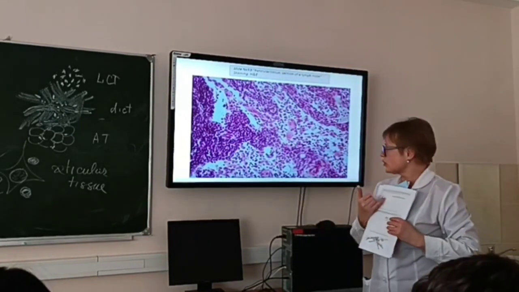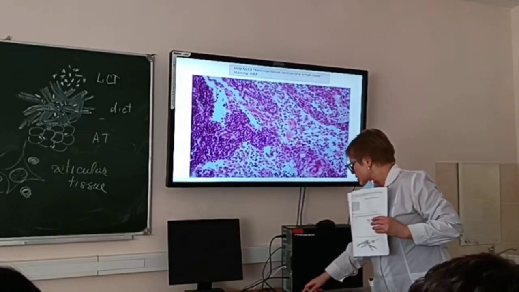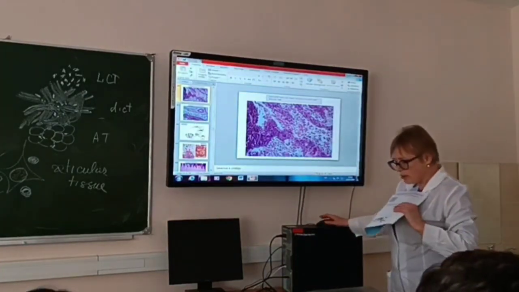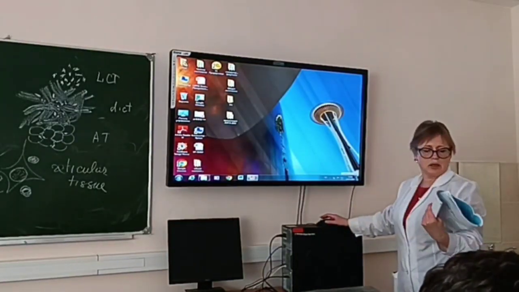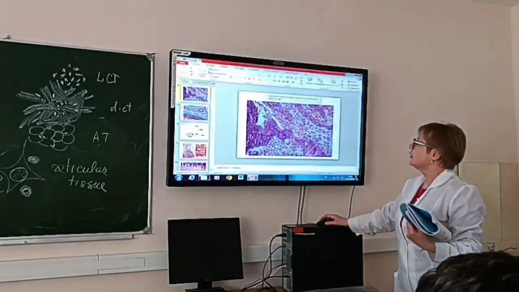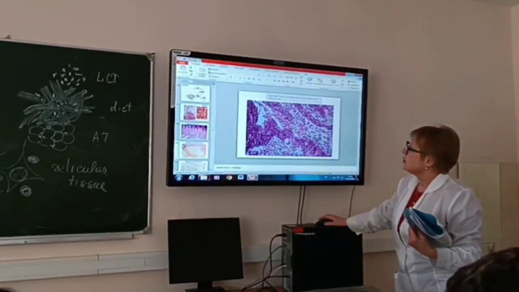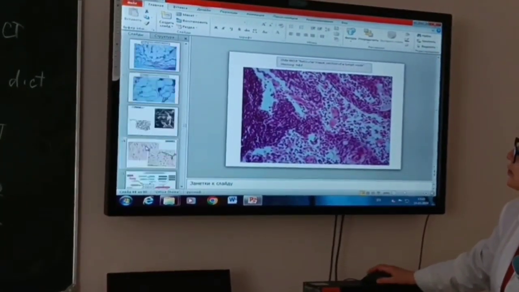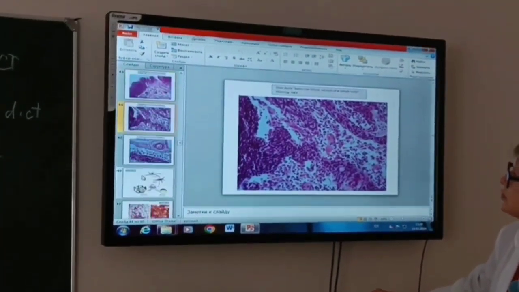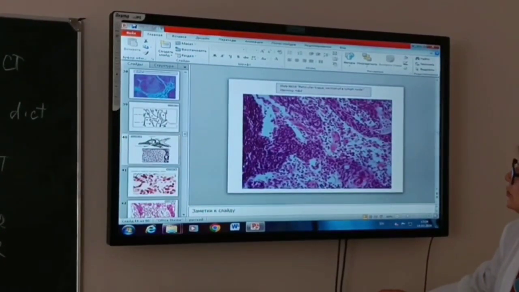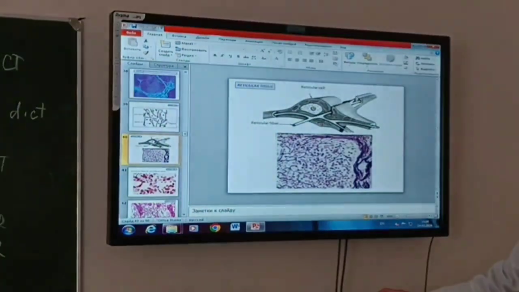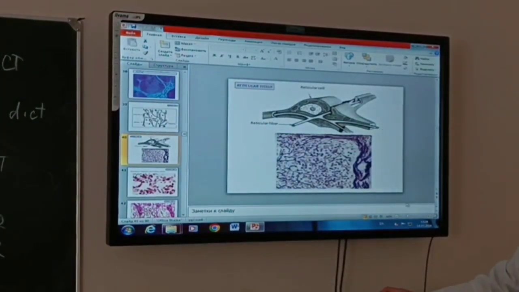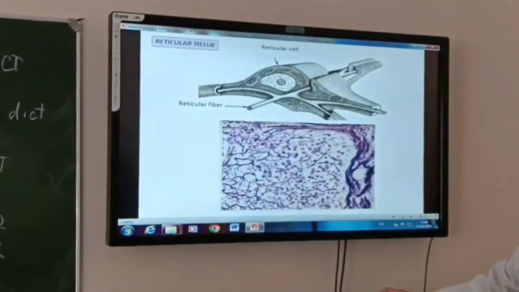And here you should identify structures, because the Xerox is not clear, I advise you to use the presentation, where it is more clear.